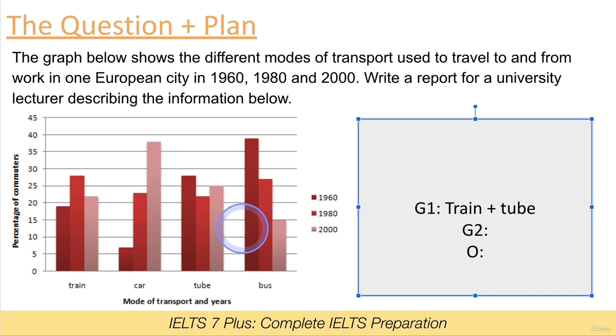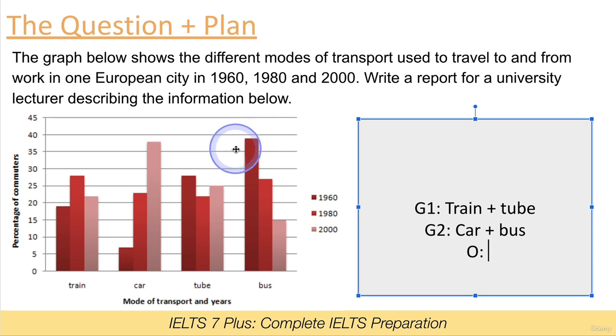Car and bus are more diverse, so we could talk about the opposite trends there. But of course, you can group them in terms of years or perhaps percentage difference as well. This is what I'm going to do today. I think it's easier to talk about them, the different modes.